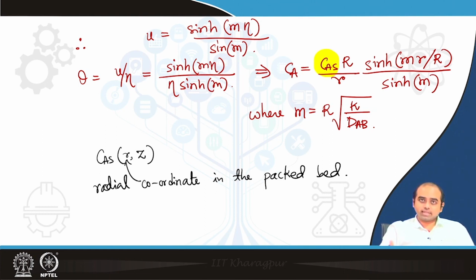But if that is not the case, then this is how CAS is linked to this problem, right. So, CAS is unknown in the packed bed equation, CAS is also an unknown in this equation, and these two are coupled through the surface concentration of the particle.